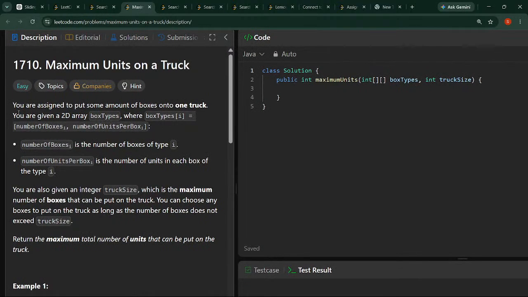You are assigned to put some amount of boxes onto one truck.